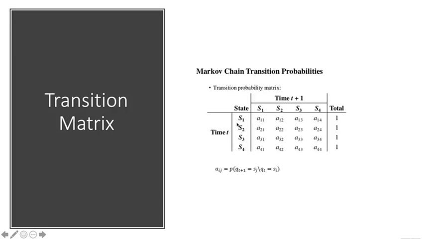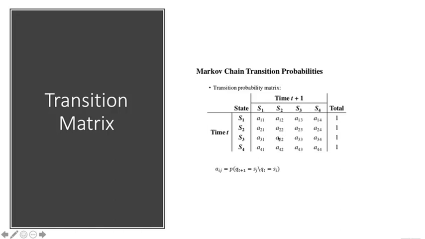Just an example. And this is time t+1. The length of 1 depends on the context. It can be 1 year, 1 day, 1 minute, or 1 hour. It depends on the context that you observe. So it also has S1, S2, S3, and S4.